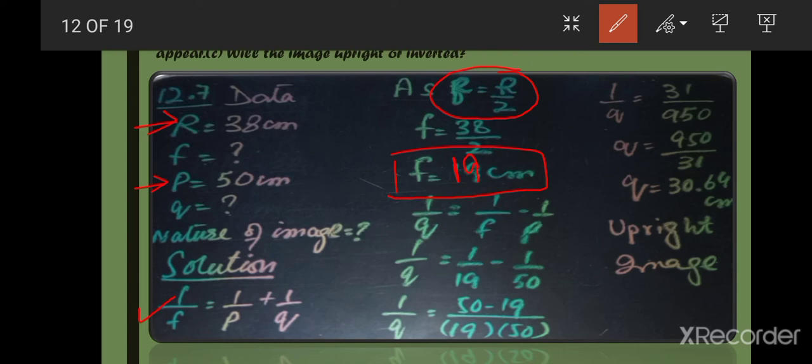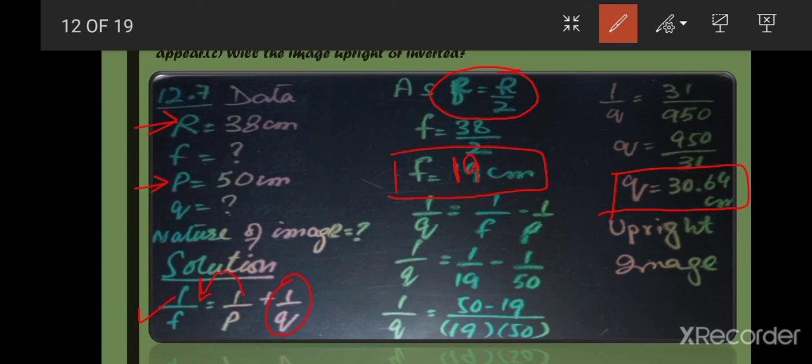Now you have to find the location of the image, so you have to separate 1 by Q. 1 by P taken on the other side will be negative: 1 by Q equals 1 by F minus 1 by P. By taking the LCM and solving, it gives Q equals 30.64 centimeters.